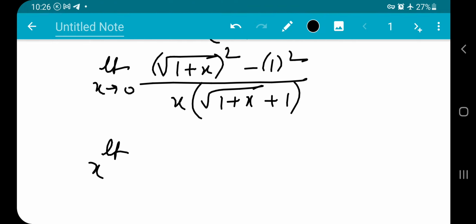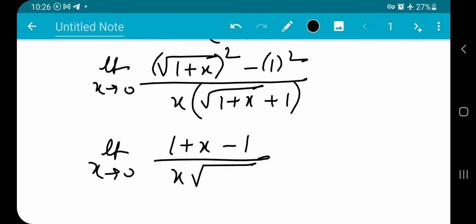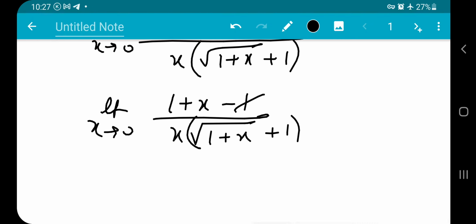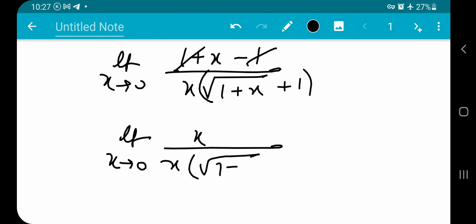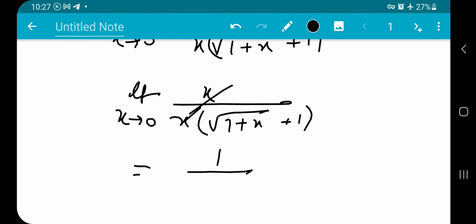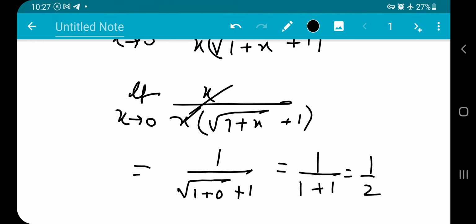So limit x tends to 0, 1 plus x minus 1 by x (root of 1 plus x plus 1). This 1 gets cancelled. Limit x tends to 0, x by x (root over 1 plus x plus 1). x gets cancelled. So put 0, what are you getting? 1 by 1 plus 1, that is equal to 1 by 2.